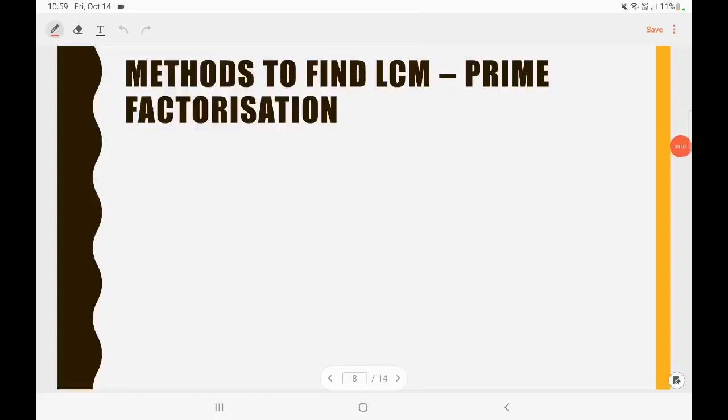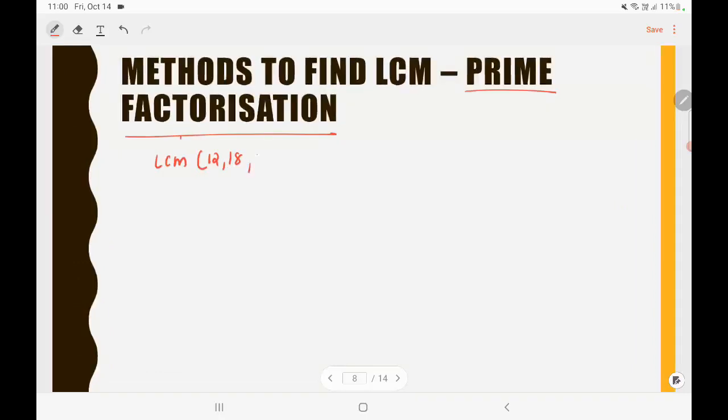So now let's look into the second method, which is the prime factorization method, and this will be the most commonly used method to find LCM. Let's take an example. We need to find the LCM of 12, 18 and 24. Just do the prime factorization just like we did for the case of HCF.